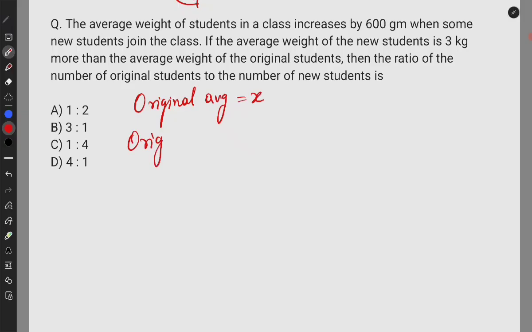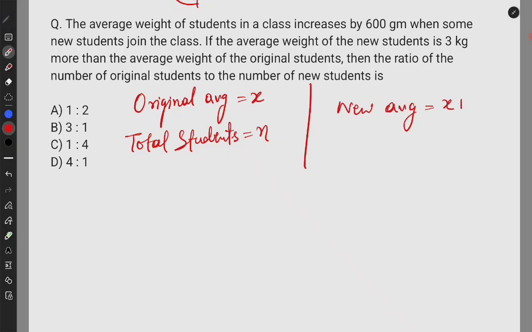The original total students, let's say, will be n. The average weight of students in a class increases by 600 grams. So the new average will be x plus 0.6 when some new students join the class.